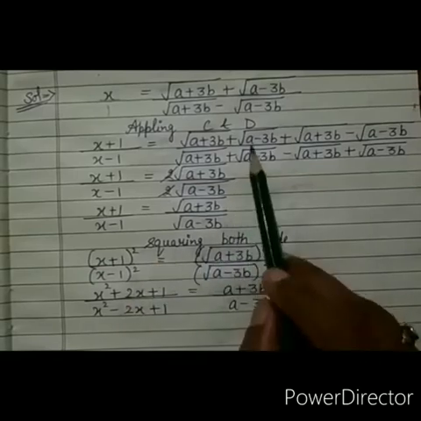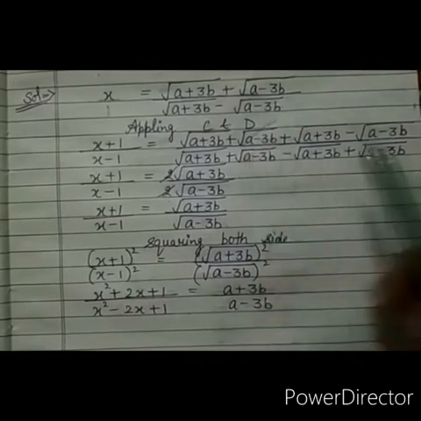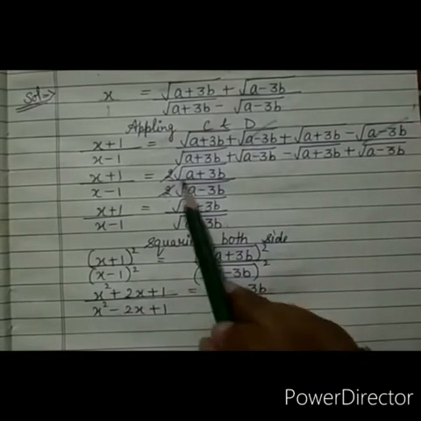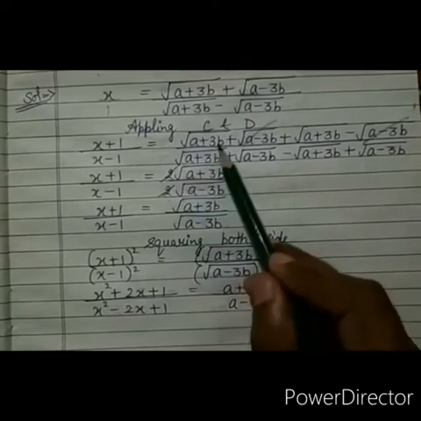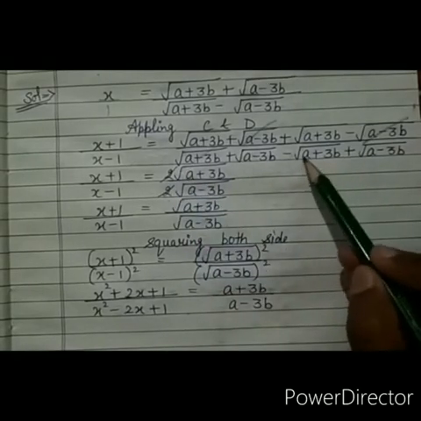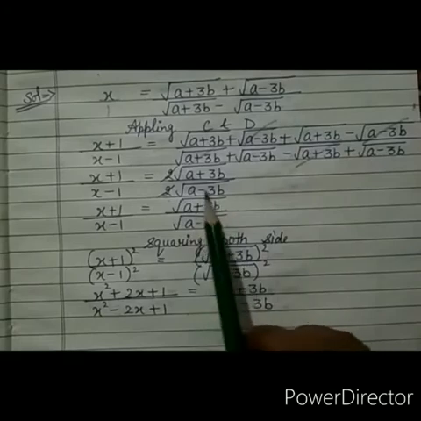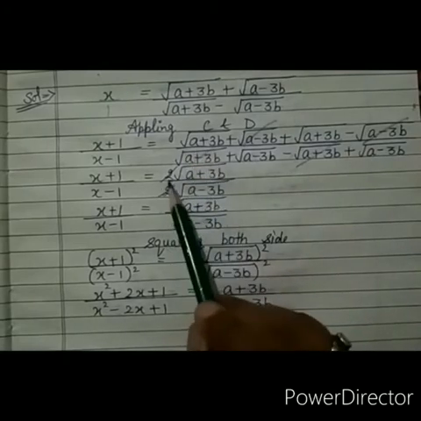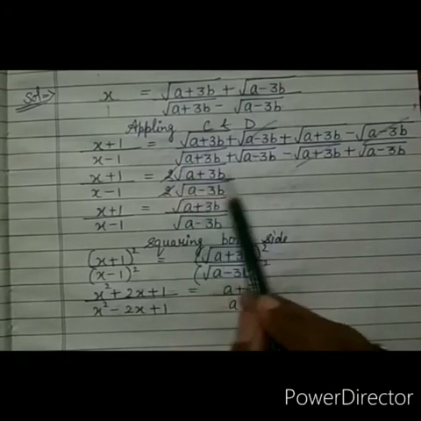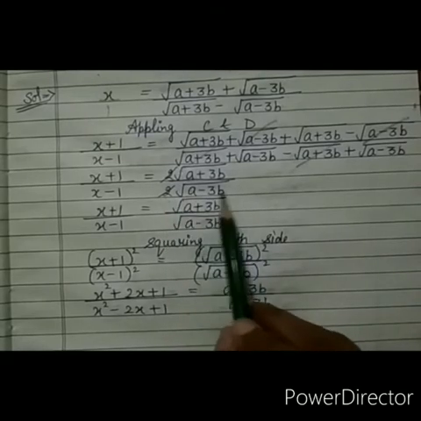Now plus under root a minus 3b is cancelled by minus under root a minus 3b, and in the denominator plus under root a plus 3b is cancelled by minus under root a plus 3b. Then in the numerator we have 2 under root a plus 3b upon 2 under root a minus 3b.